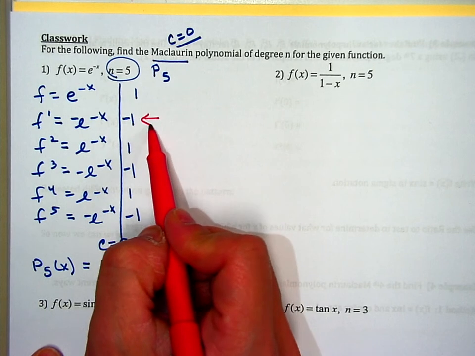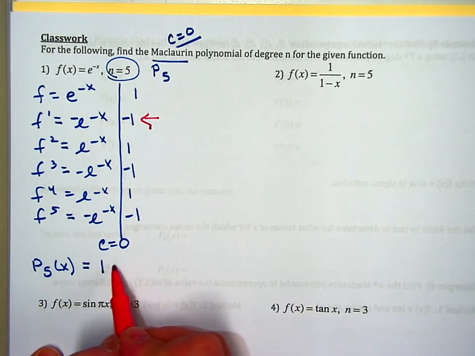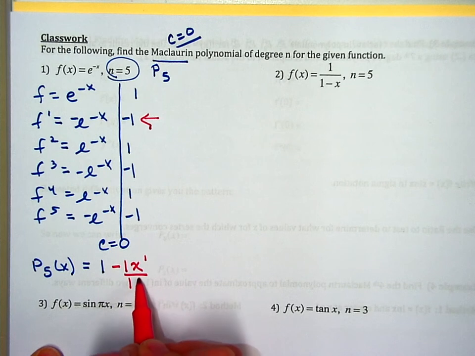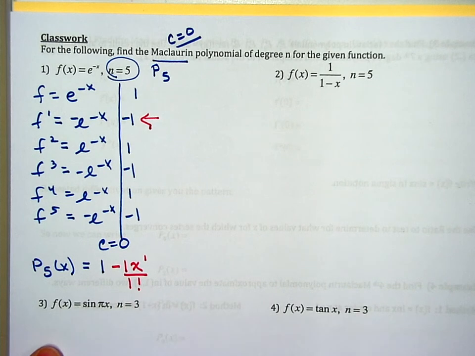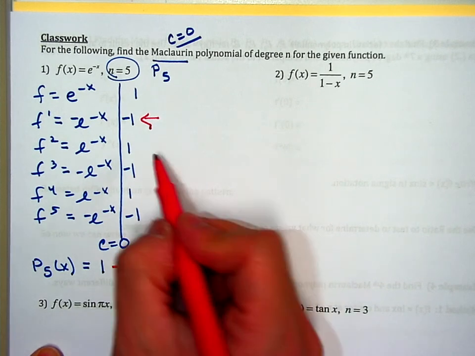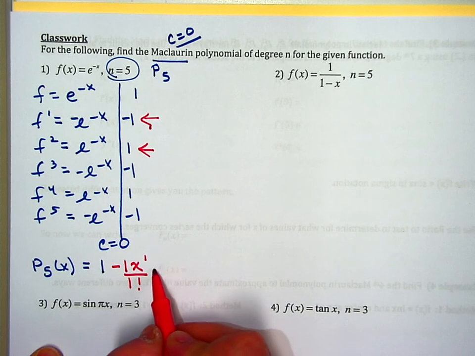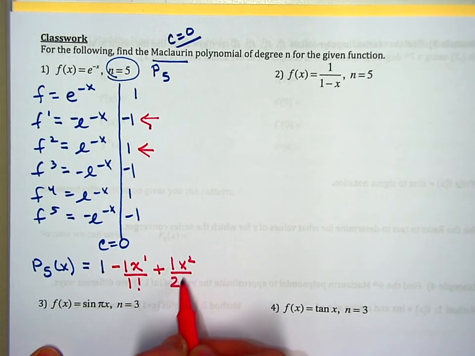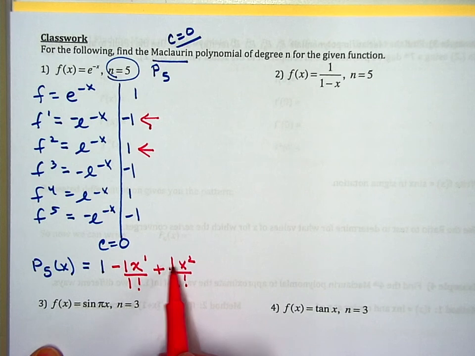The next term has the first derivative in it, so it should be minus 1 x to the first over 1 factorial. Obviously, I don't have to write the 1 factorial. Then your next term will have the second derivative, which is also 1 x to the second over the second factorial. So notice the derivative matches up with the power on the x, matches with the factorial.